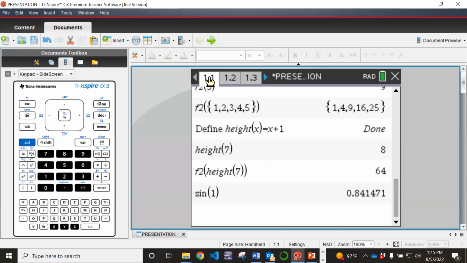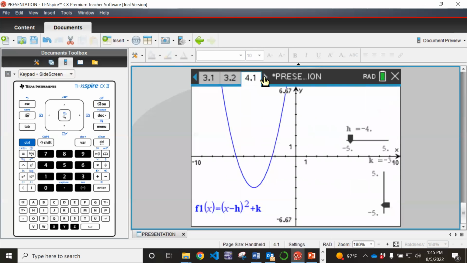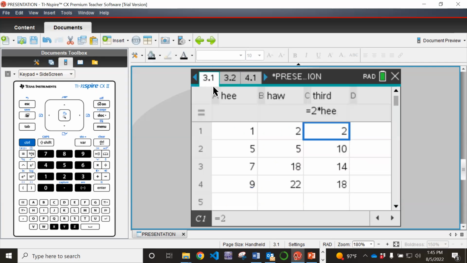So tab 1.1, 1.2, and 1.3 will all talk to each other. When I get over here into tab 4, problem 4 has no understanding of what was going on back in problem 1. And so problem 3 has no understanding of what was going on in problem 1.